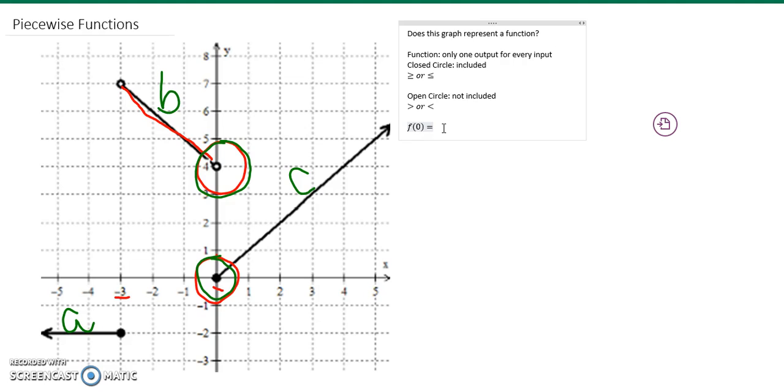Therefore, at f of 0, our output value is 0. And I will rewrite this, that f of 0 does not equal 4. And this is because of the open circle.